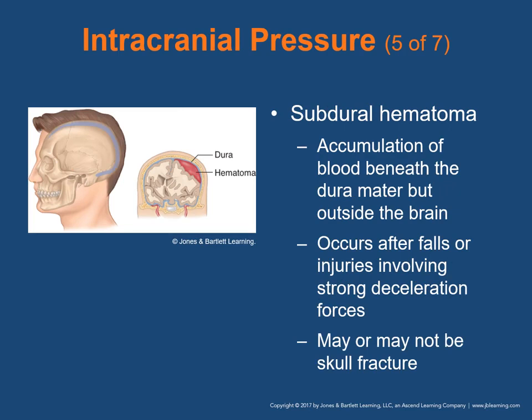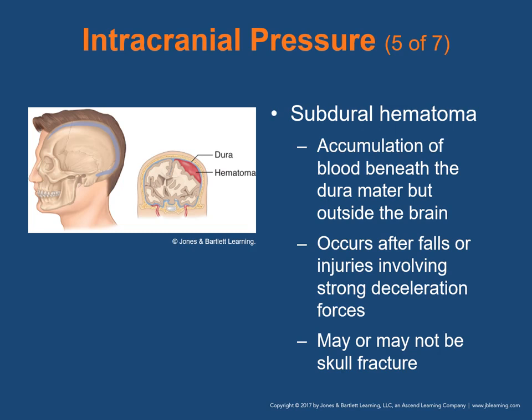Now let's discuss subdural hematoma. This is an accumulation of blood beneath the dura mater but outside the brain. It usually occurs after falls or injuries involving strong deceleration forces. It's more common than an epidural hematoma and may or may not be associated with a skull fracture.